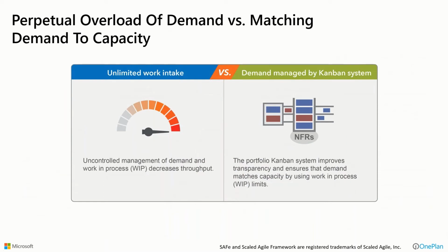Another key piece is, as we talked about, that resource capacity piece, the potential overload of demand. With a more traditional waterfall approach to intake, we're constantly struggling with, do we really have the resources to make those things happen?